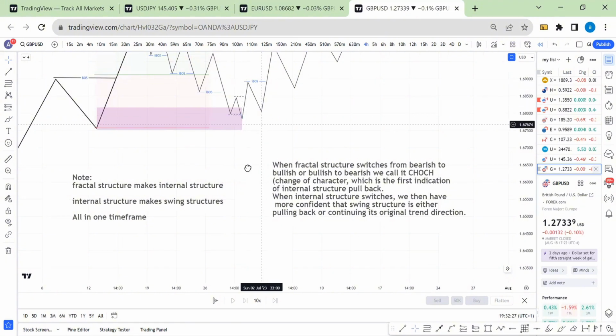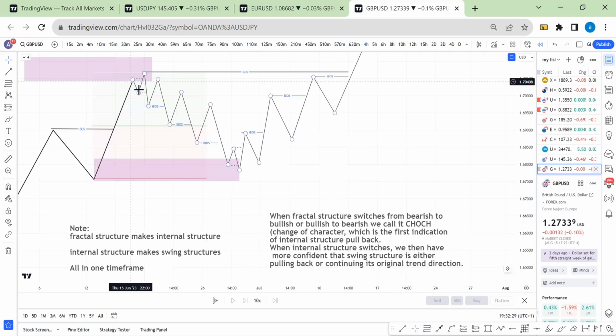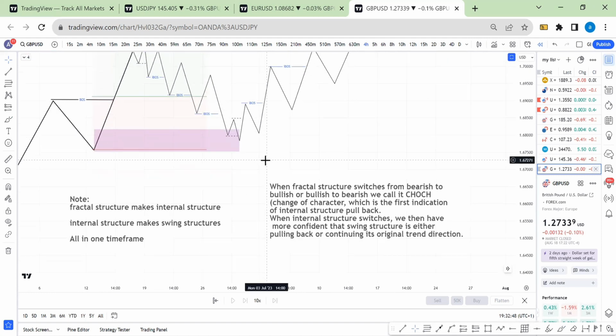When fractal structure switches, that's when internal structure begins, right? So when internal structure forms, it gives us what? Swing structure. That means it gives us either swing pullback or swing continuation. I hope you understand so far.